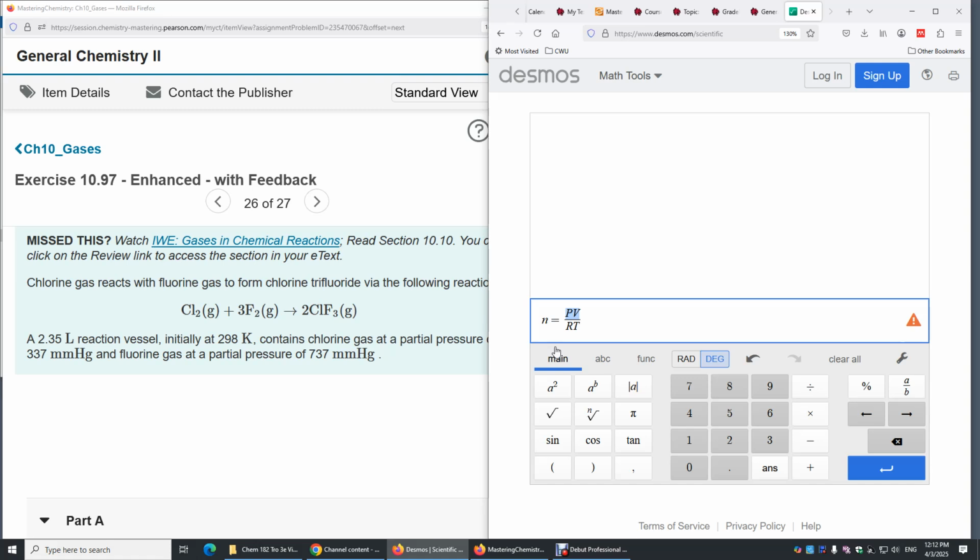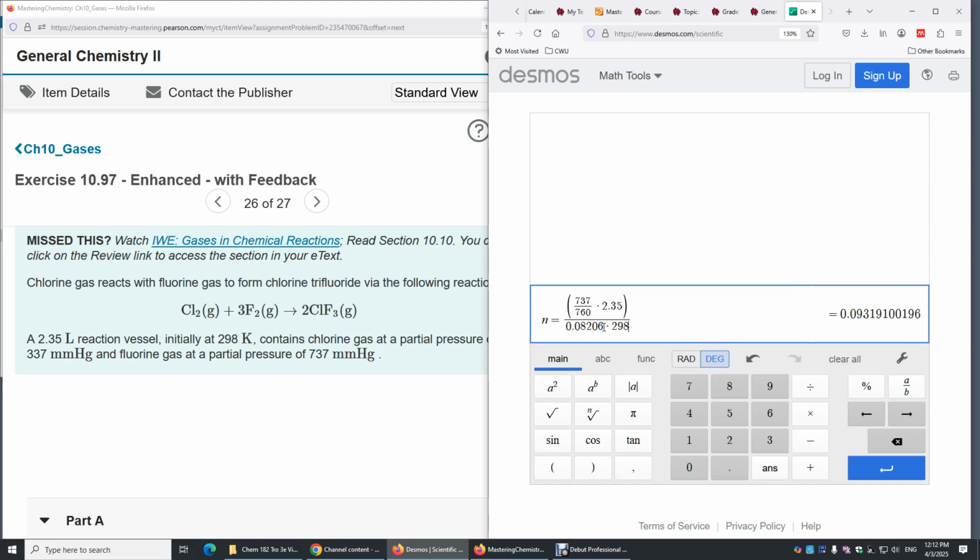Pressure is 737. Volume is 2.35. R is 0.08206 atm liter over mole K. The temperature is 298 Kelvin.